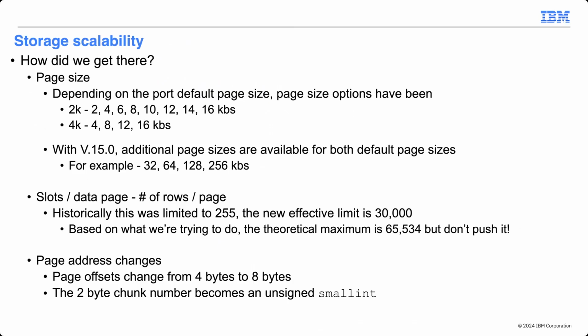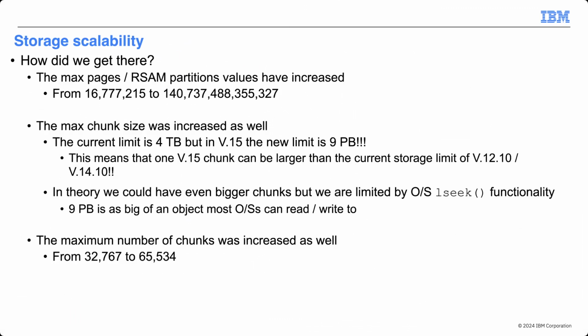Okay. Page offsets have been changed from 4 bytes to 8 bytes. Why? Because we've taken the 2-bit chunk number and turned it into an unsigned small int. And that allows us to have the increased page address size. The number of pages per partition used to be 16 million.